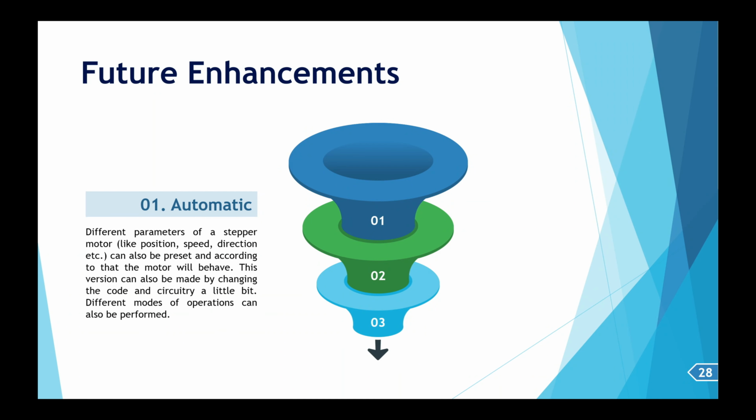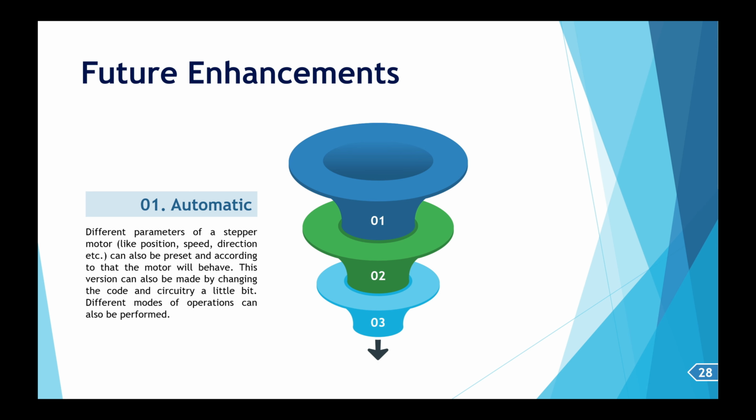Here you can see that to control a particular parameter like clockwise or anti-clockwise rotation or the speed of the stepper motor, you always have to be in touch with the stepper motor controller. But can we do something so that we can set some particular parameters, like a particular direction or a particular position, depending upon which our stepper motor will act?